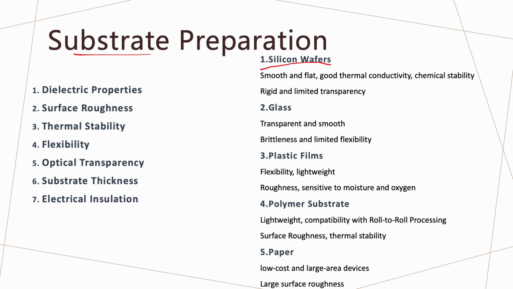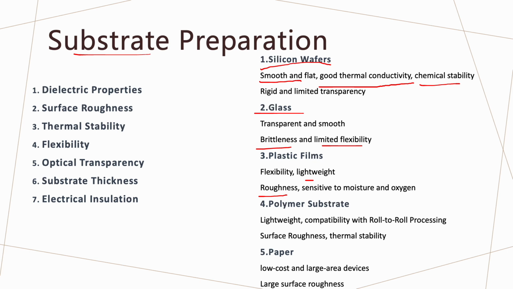First is the silicon wafer, which is smooth and flat, has good thermal conductivity, and chemical stability, but it is rigid and has limited transparency. The second one is glass. The glass is transparent and smooth, but it is brittle and has limited flexibility. The third one is the plastic film. It is flexible and light, but it is rough and sensitive to moisture and oxygen.